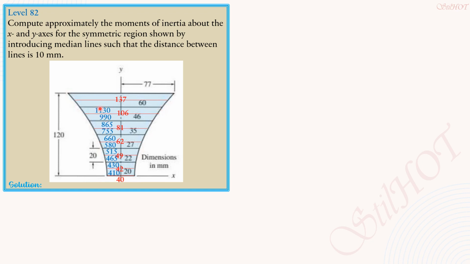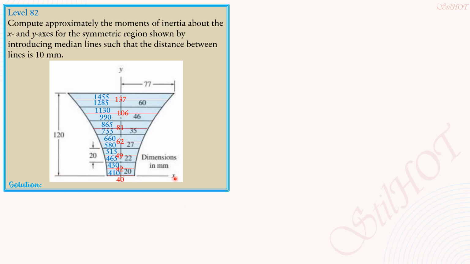Then 120 and 137 divided by 2 times 10, so that's 1285, the area of this entire rectangular strip, which is an approximated rectangular strip. Then 137 plus 154, because 77 times 2 is 154, divided by 2 times 10, the area is 1455 mm square.